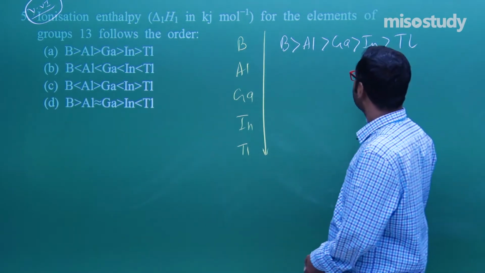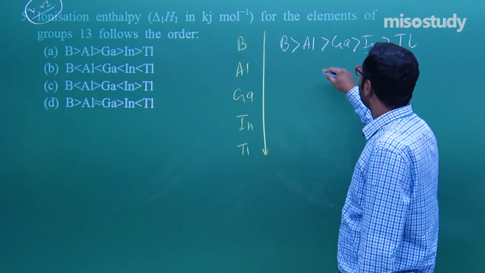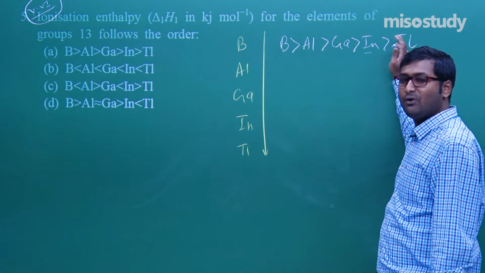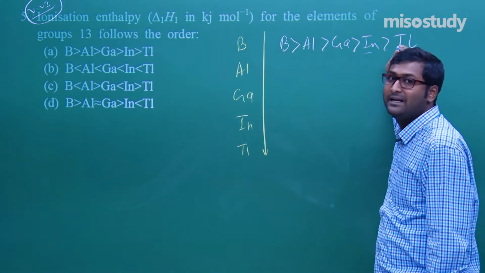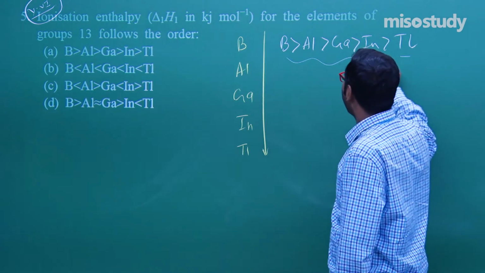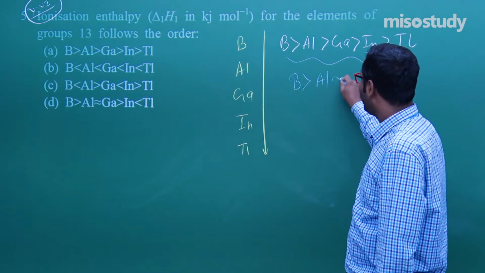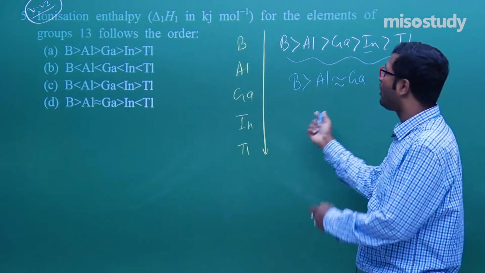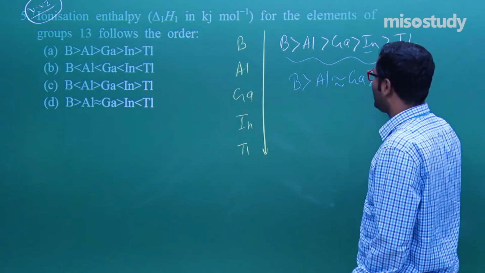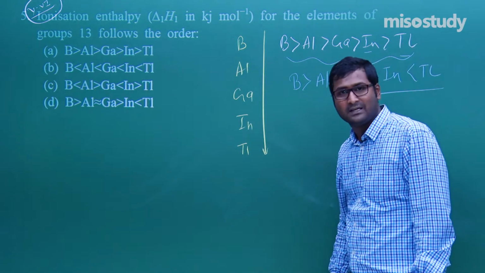Now the question arises: for indium and thallium, due to the involvement of d block and f block elements, contraction takes place. Due to this reason, there is slight anomalous behavior. Boron is highest, then aluminium and gallium have almost equal ionization energy, then comes indium and then thallium. Clear to you?